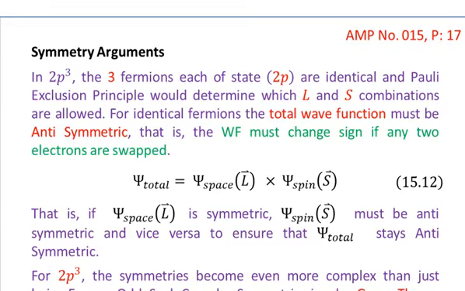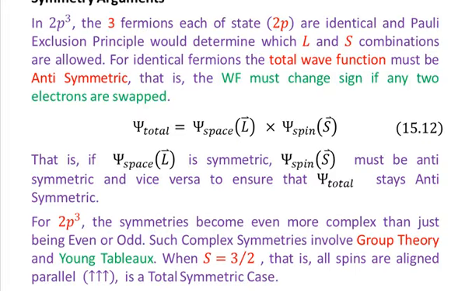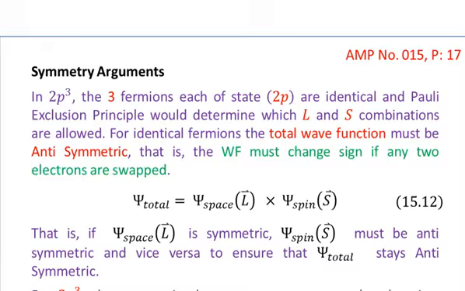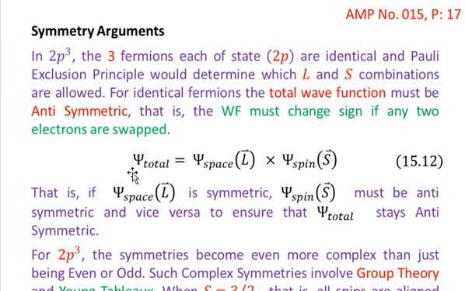Now let's see our wave functions. Here I can represent my total wave function, psi total, on the left hand side, as equal to psi space, which is a function of orbital angular momentum, multiplied by psi spin, which is a function of the spin angular momentum. This equation is shown in 12.